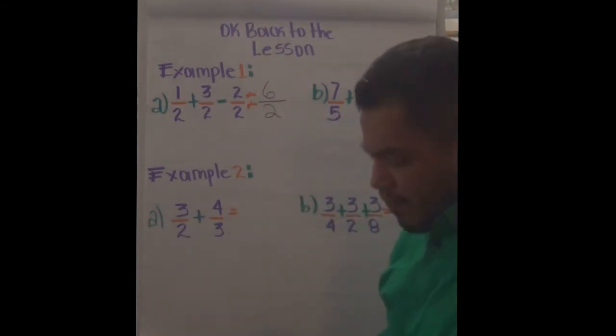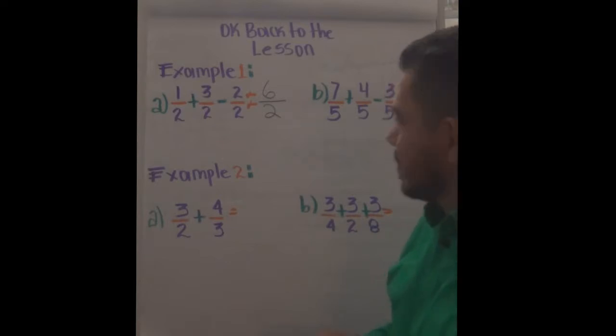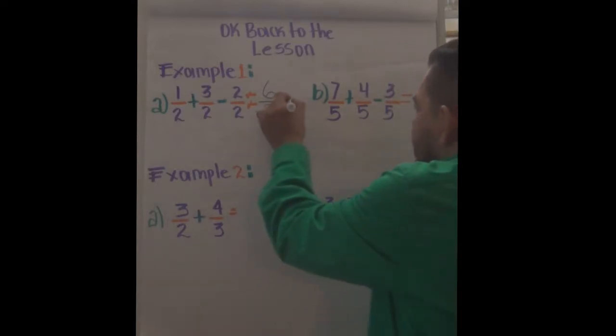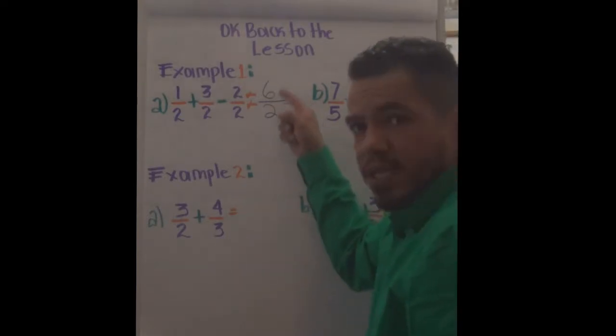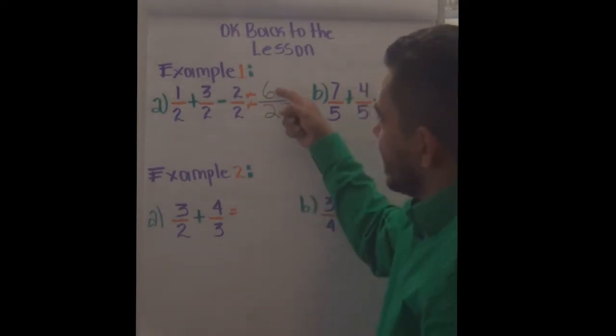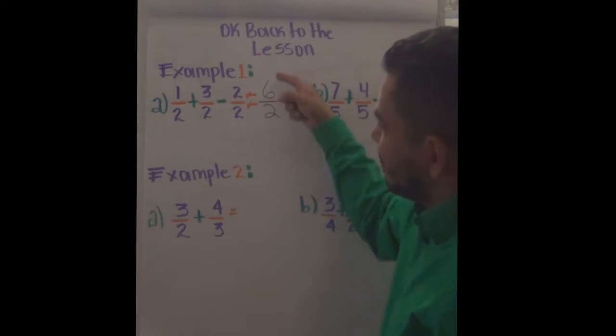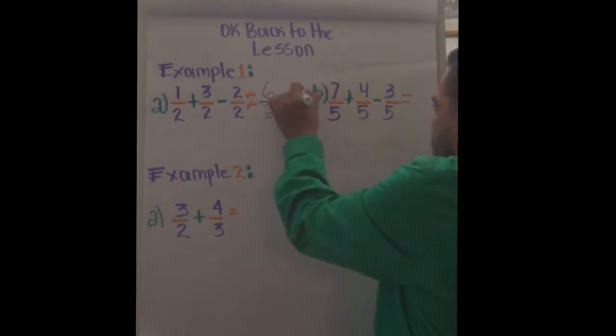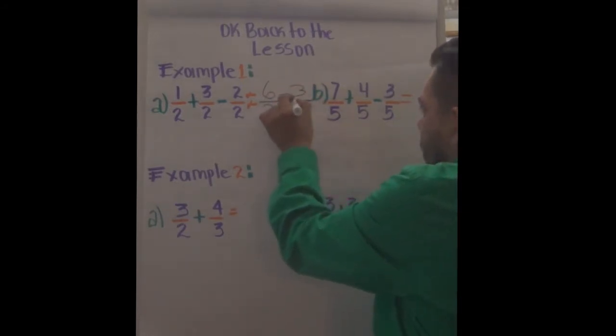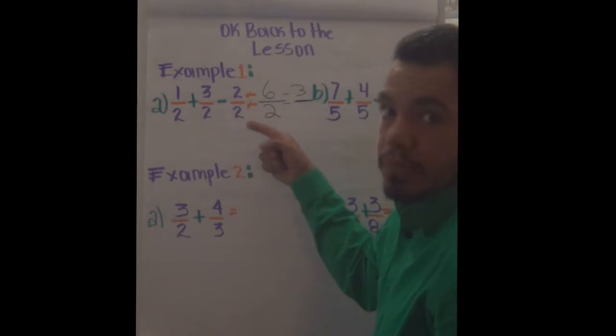Now we want our fractions to be in simplest form. So what we want to do is reduce. Well, we already went through the reducing part. And remember, let's try to see if they are both divisible by 2. So can 6 be divided by 2? Yes. Can 2 be divided by 2?